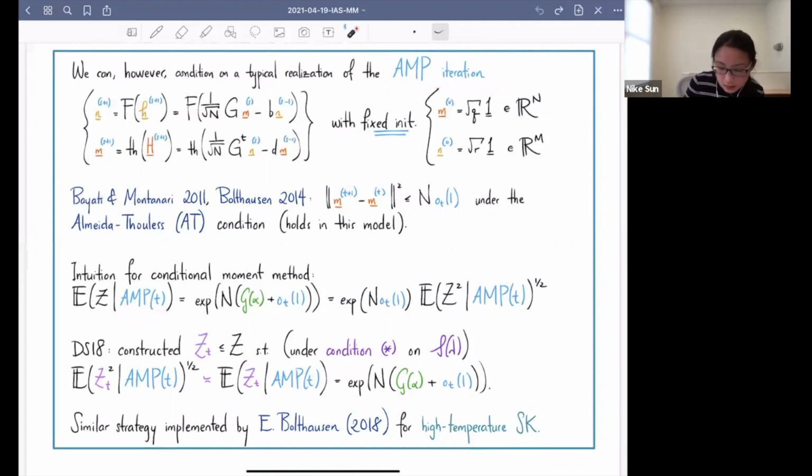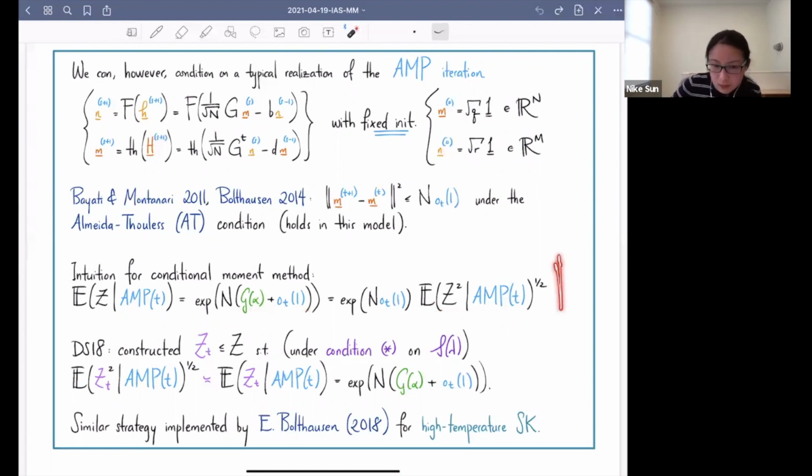So condition on what is revealed in the first t steps of this and ask for that to be a typical realization. It should be the case that the result is close to the replica symmetric value with some error that will vanish with t, and also that the second moment conditionally should be close to the first moment squared. This is the idea, which we believe to be true, but we don't know how to show that this statement is exactly true.